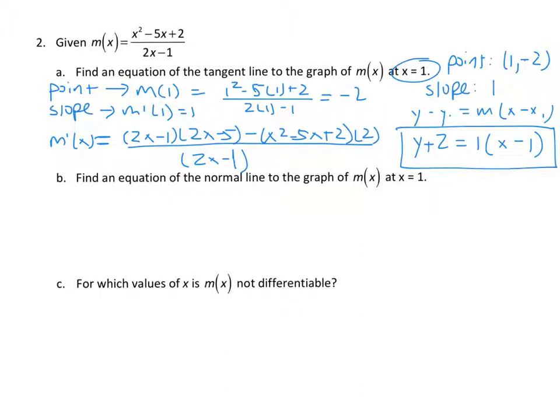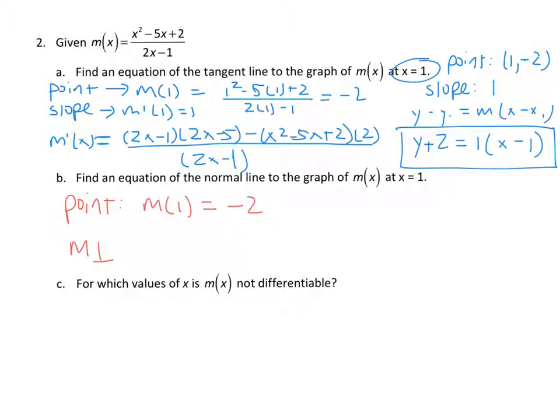Now, if you were to find the equation of the normal line, remember that the point is the same, so you still find the point by plugging that x-coordinate into the original function. m of 1 came out to be negative 2. And then the slope, the perpendicular slope, is going to be perpendicular to the slope of the tangent line, or the opposite reciprocal.